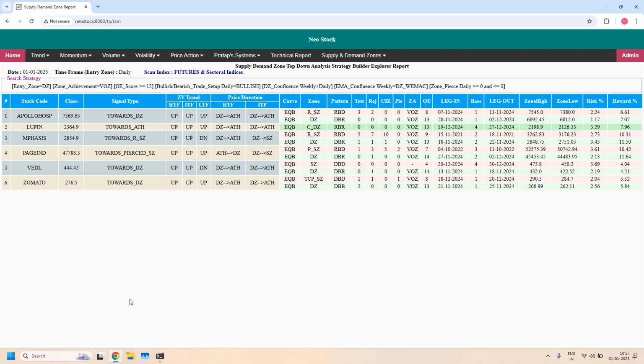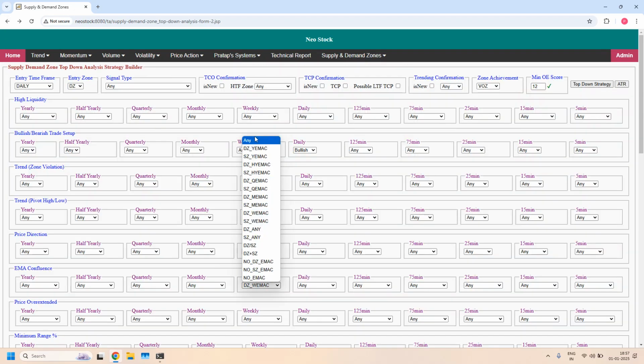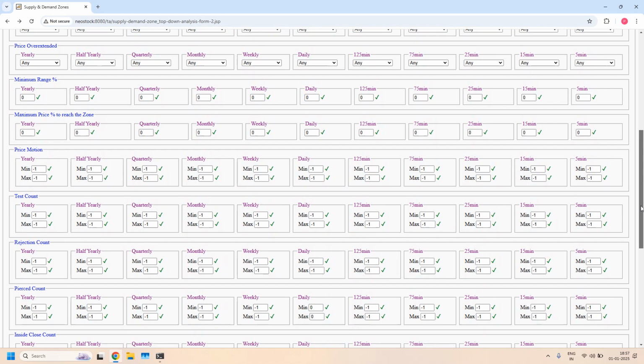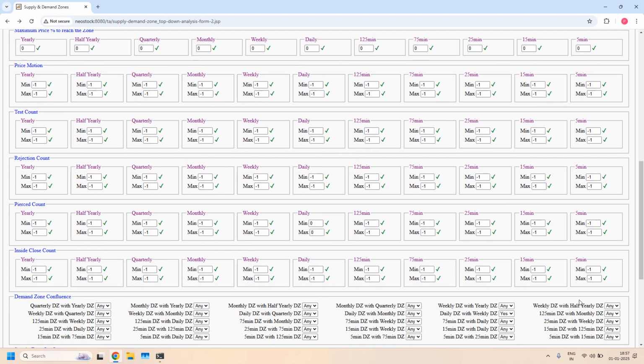Okay, next filter is about LTF, ITF and HTF demand zone confluence. So I am removing EMA filter. So in the demand zone confluence, we have to set 3 filters: daily, weekly and monthly demand zone confluence. First filter is already enabled, daily with weekly. Second filter, daily demand zone with monthly demand zone confluence.